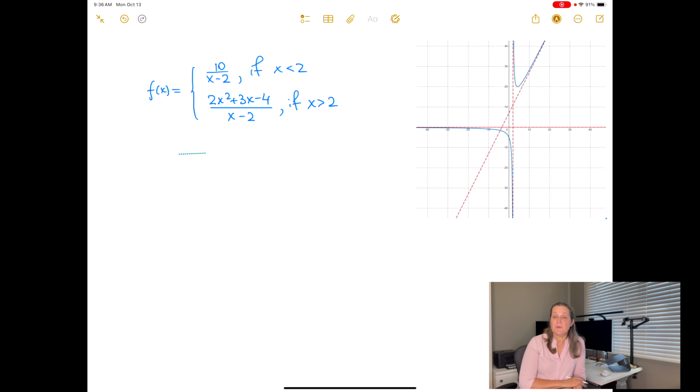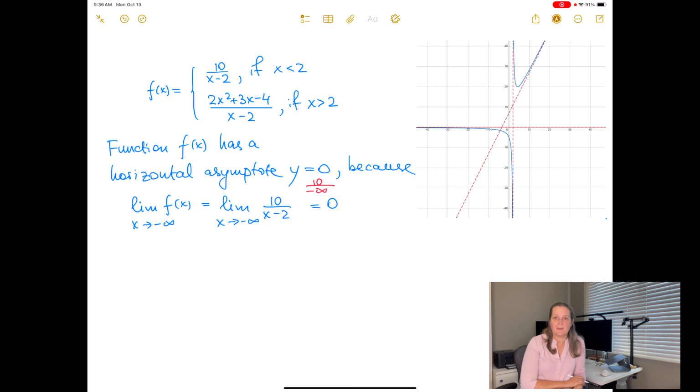Now let's study the behavior of the function as x goes to negative infinity and positive infinity. The function f of x has a horizontal asymptote y equals 0 because when we look at the outputs of the function as x approaches minus infinity, we see that the function tries to become equal to 0. The limit of f of x as x goes to minus infinity is equal to 0.